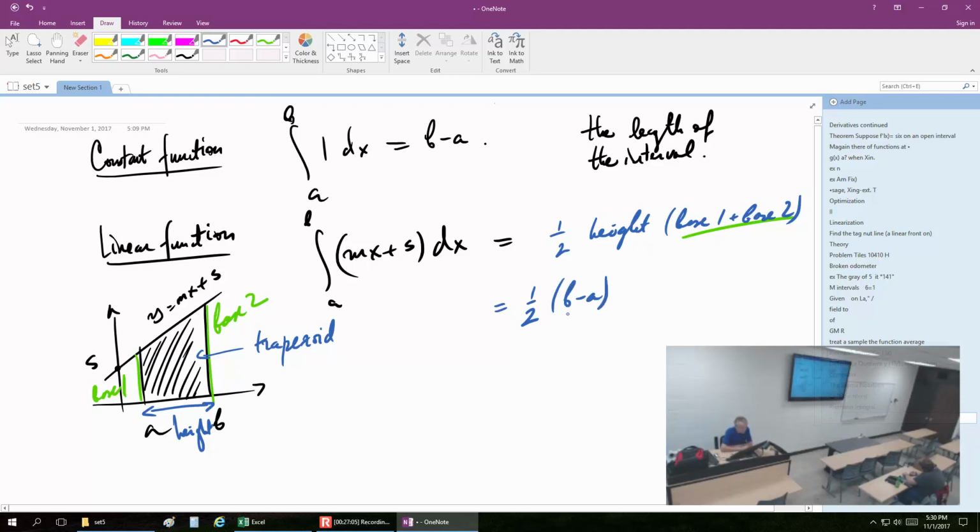What is base 1? We have a specific formula for the function, so we can tell what it is. So what's base 1?